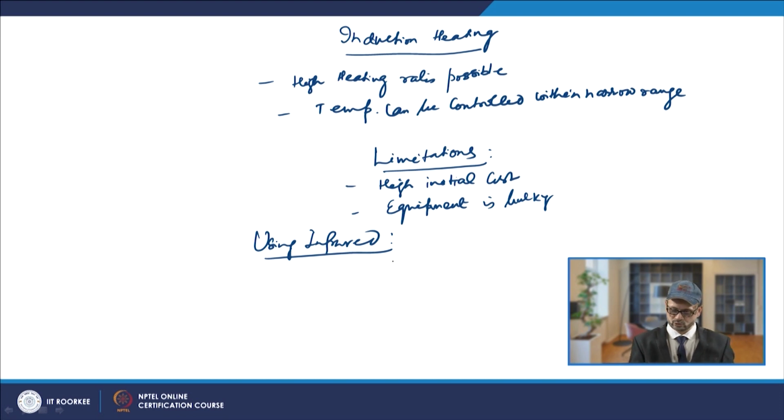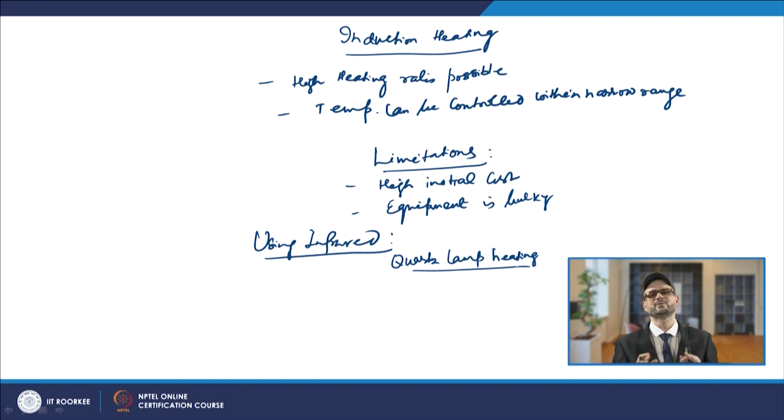The other method is quartz lamp heating. This quartz lamp heating basically gives a very fast response time. These furnaces have good efficiency, good cleanliness, fast cooling down, and quick turnaround.